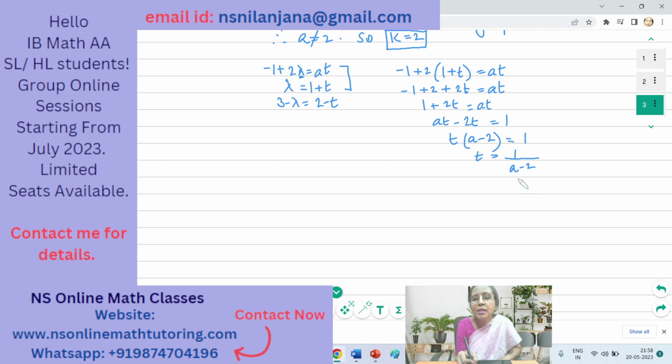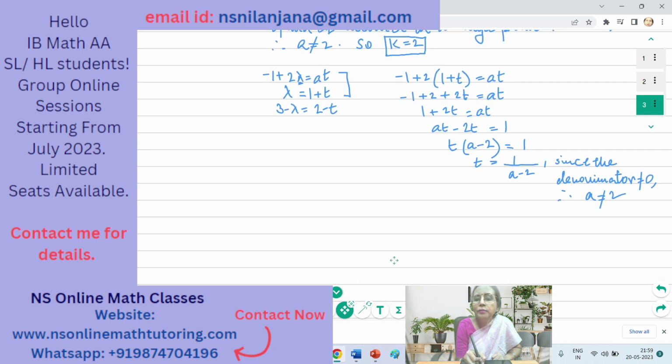So even if you don't go for the direction vectors, you can see that in any case you have to get the coordinates of the intersecting point. Over here also we are seeing that since the denominator cannot be equal to 0, therefore, a cannot be equal to 2.